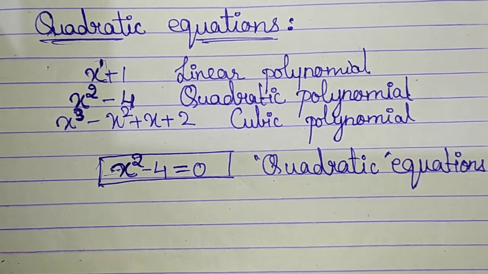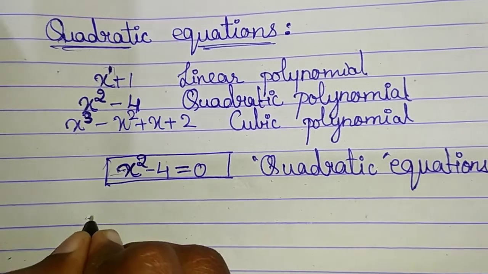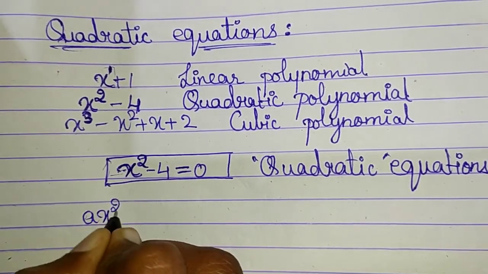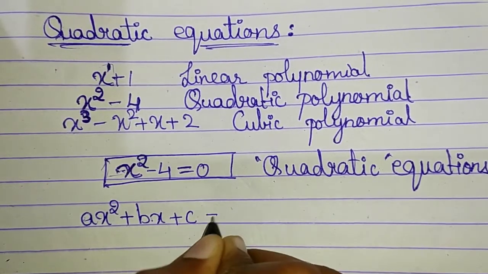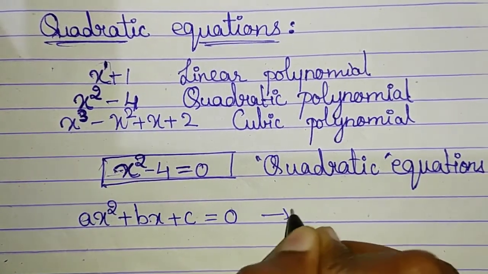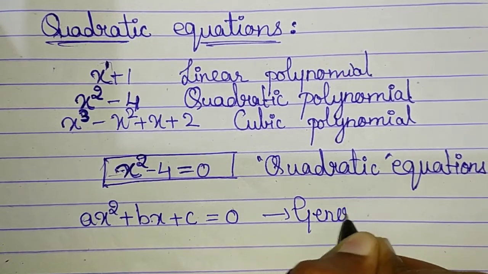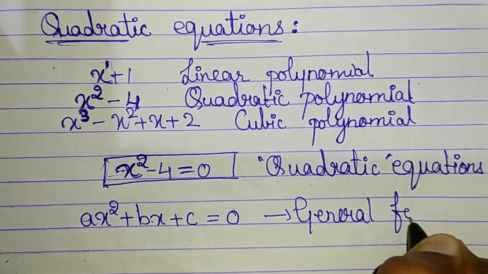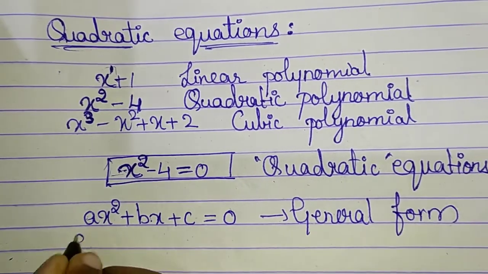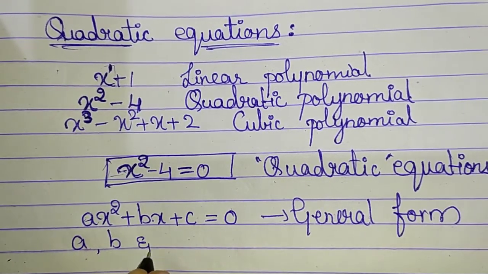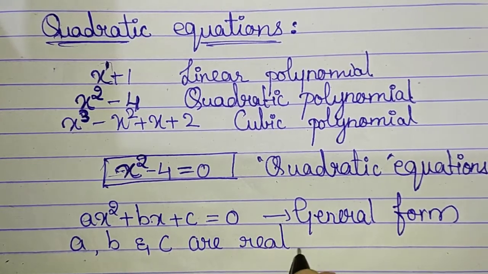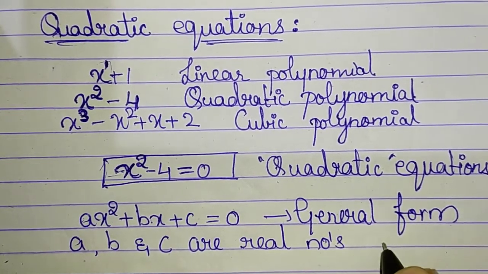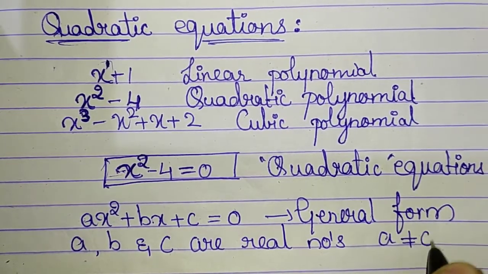The general form of quadratic equations is ax square plus bx plus c is equal to 0, where a, b and c are real numbers with a not equal to 0.